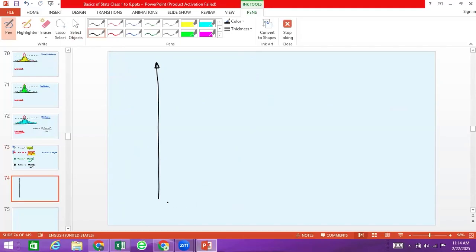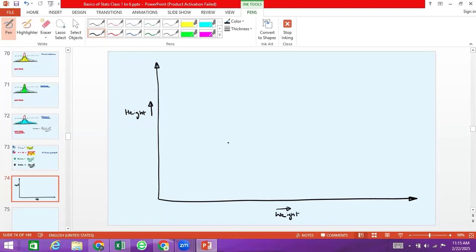Let's say we have this kind of data where on one axis I have height, on the other axis I have weight, and I have different data points.